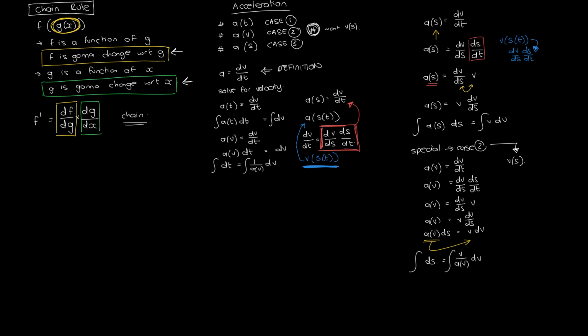Then you have your 3 acceleration cases. A is a function of t. That's kind of straightforward, it's straight from the definition. You should know your definition by now. Acceleration is dv dt, and then you can solve for velocity by separating the variables and taking the integral. Then you're going to have case 2, a v, which is pretty straightforward. And then you're going to have case 3, where you have to use the chain rule.